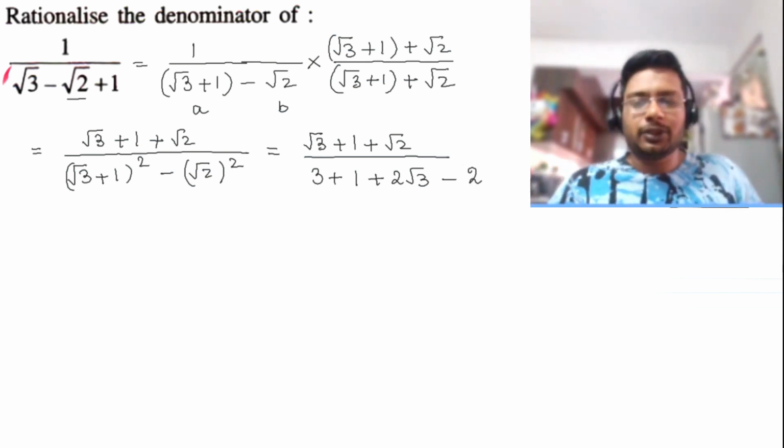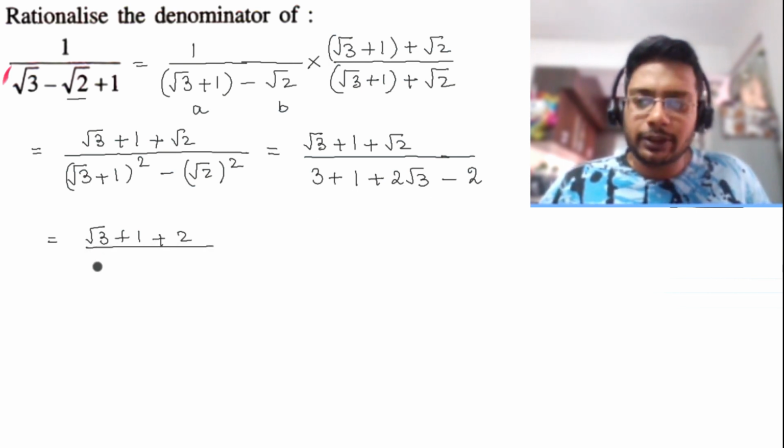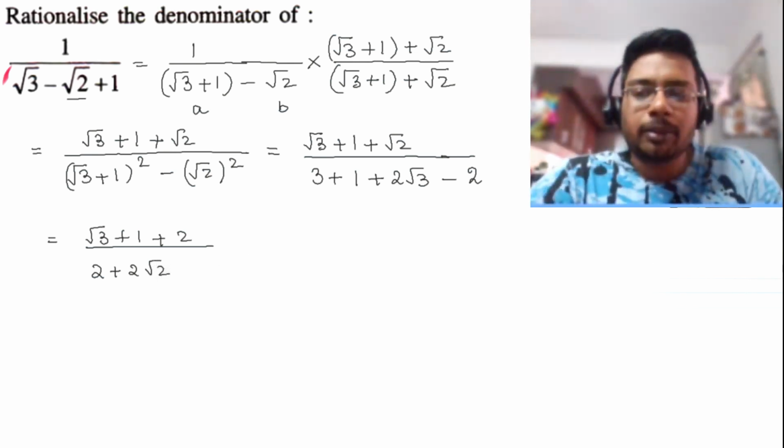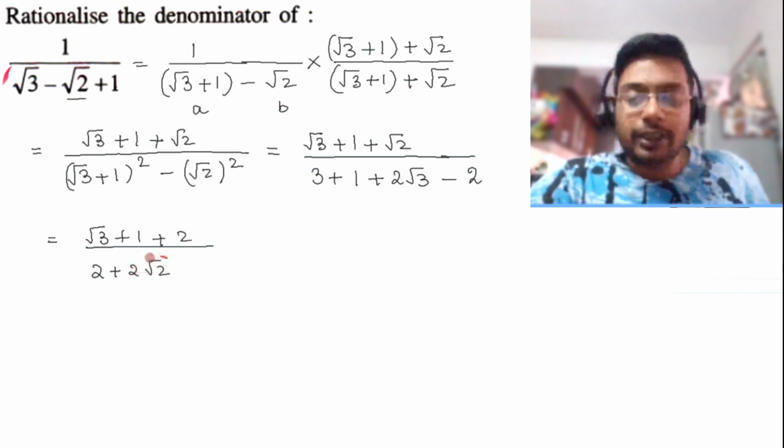Root 2 whole square is 2. So now we get root 3 plus 1 plus 2 divided by 4 minus 2, which is 2 plus 2 root 2.